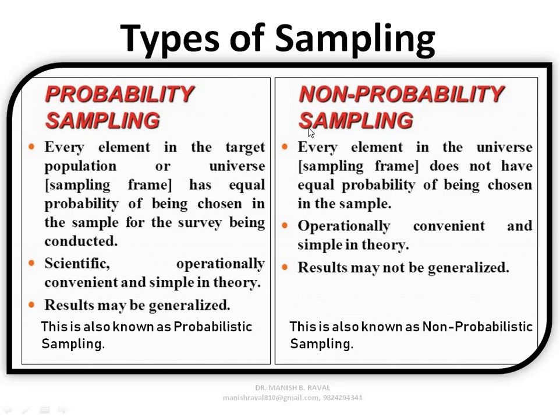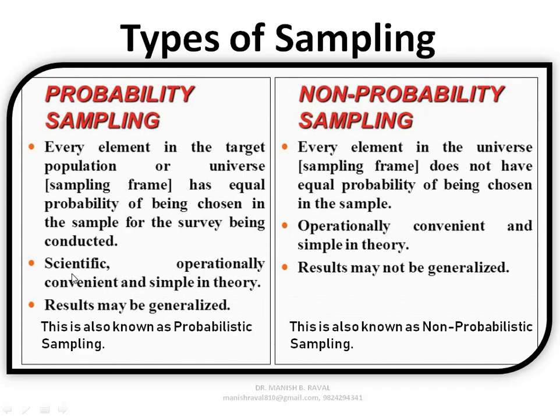On the other hand, non-probability sampling is when every element in the universe or sampling frame does not have equal probability of being chosen in the sample. Here there is equal probability of selection, but here no equal probability of selection in the sample. When there is no equal probability, it is considered as non-probability sampling.